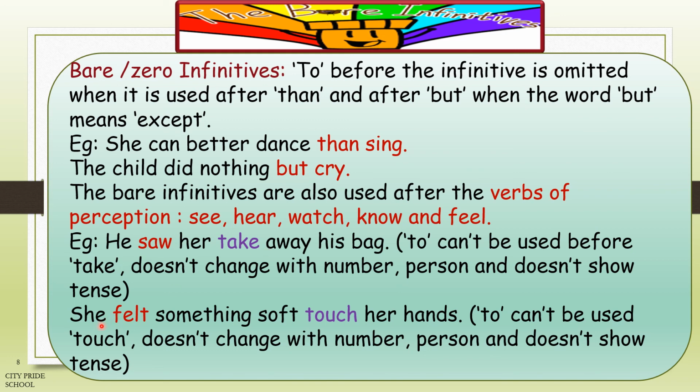The next example: she felt something soft touch her hands. We cannot say, and we should not say, she felt something soft to touch her hands. Touch here is the bare infinitive because it does not change with number and person, and doesn't show tense also.